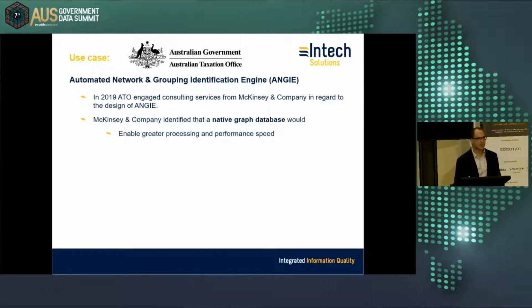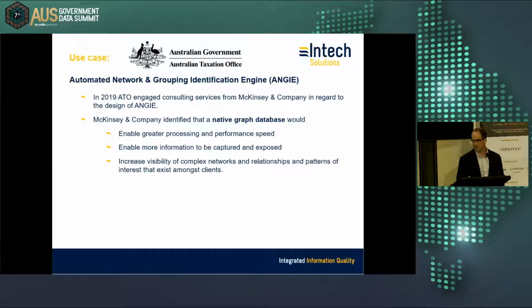So one of the key advantages of graph databases is because of the way it holds data, it has a huge performance increase when doing specific network analytics, which just is not possible in relational databases. Enable more information to be captured and exposed, and increase the visibility of complex networks and relationships and patterns of interest that exist amongst the clients.